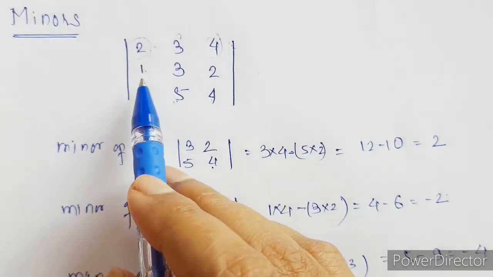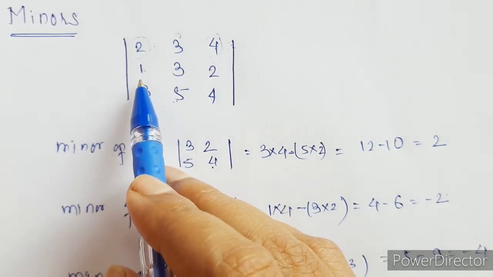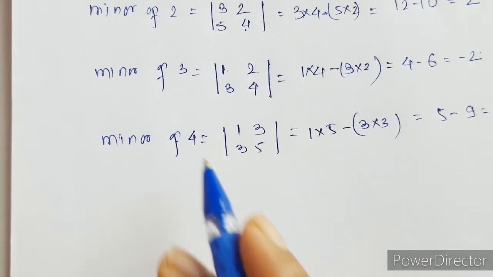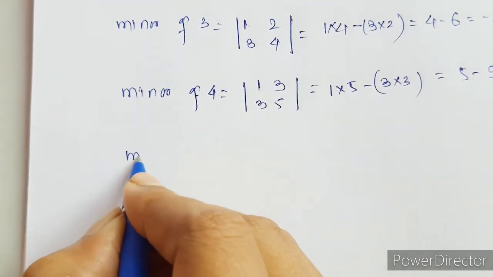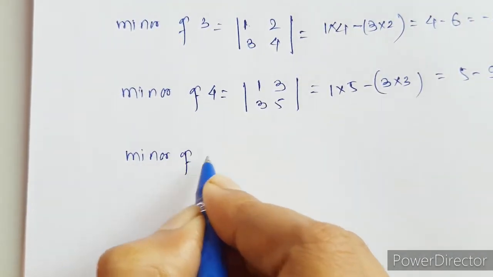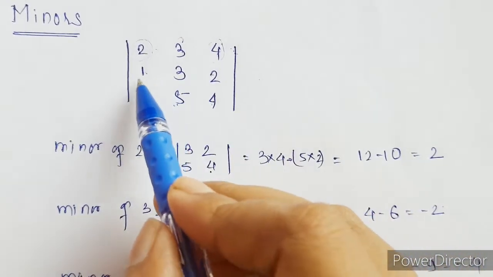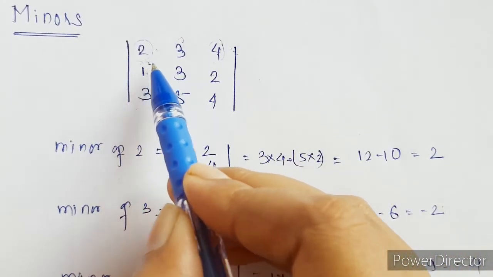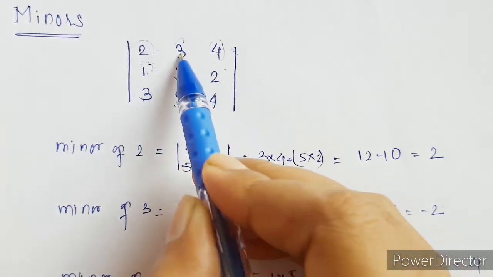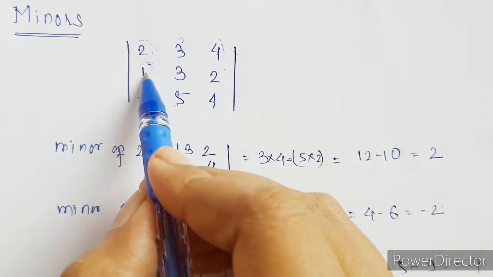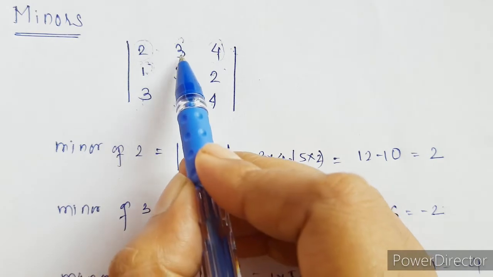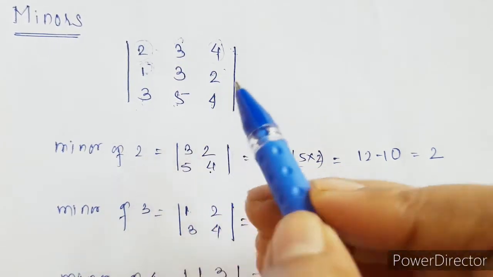Now next one, minor of 1. Again same thing, when you are considering this, forget about the same column, same row, take the remaining terms. So you have to eliminate this and this, so remaining are 3, 4, 5, 4.